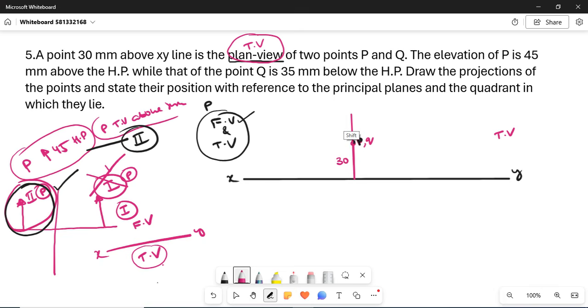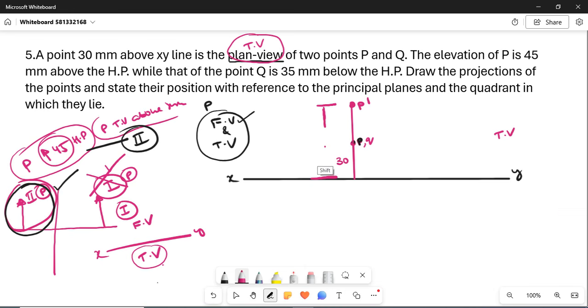What is the distance of this P? For the front view we need to mark the HP distance. What is the HP distance here? It was given as 45. Hence it will be P dash, and this distance must be 45 from the XY line.